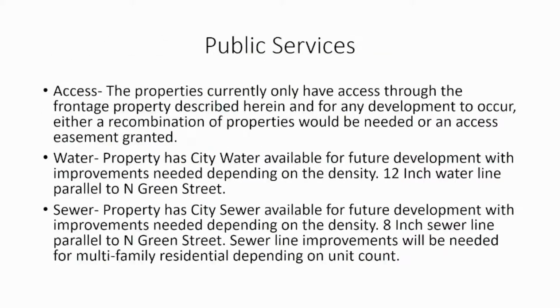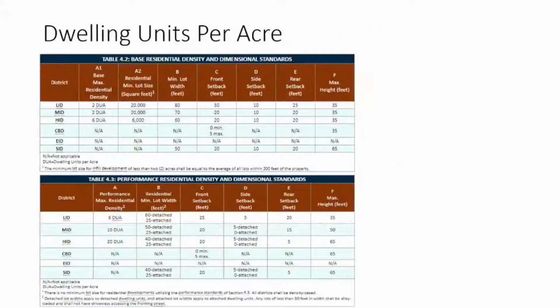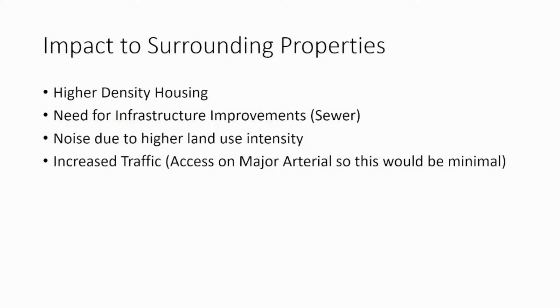If you look at the first zoning map I showed, you've got HID to the east, and LID to the west, and HID to the north. So MID could serve as a nice transitional buffer between the two.